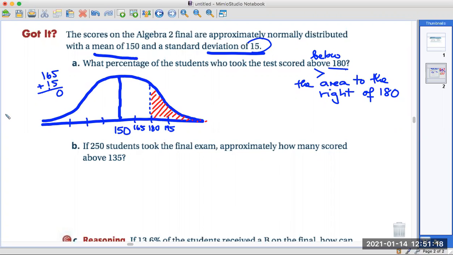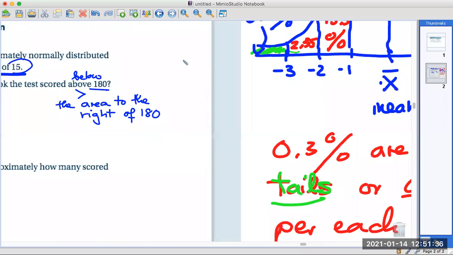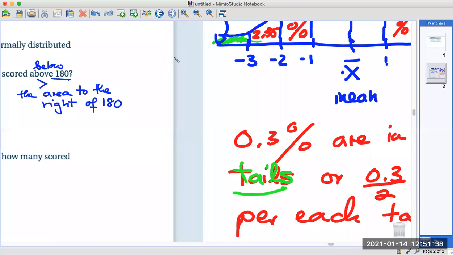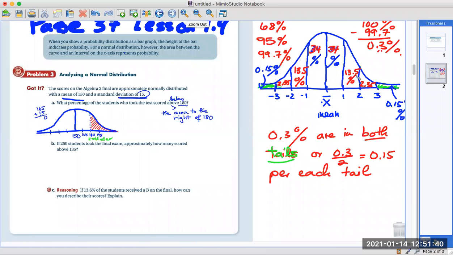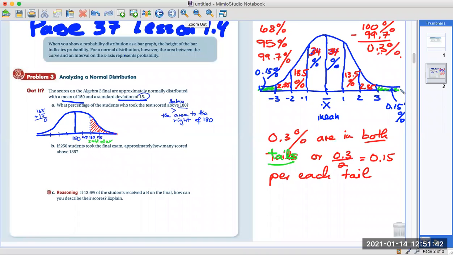Okay, so we're going to look at our chart. Remember, it's 2 standard deviations, 1, 2. We look at our picture at 2 standard deviations. We want this part right in here, above 2 standard deviations.